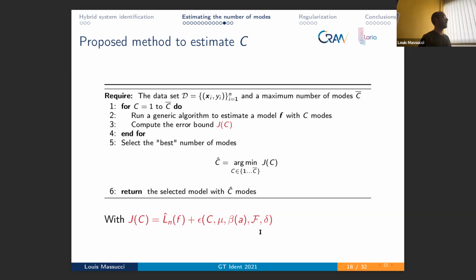For each number of modes that we test, we compute the error bound that I just noted here as J of C. And at the end, we select the best number of modes by choosing the one that minimizes the criterion I just introduced here, which represents the bound.